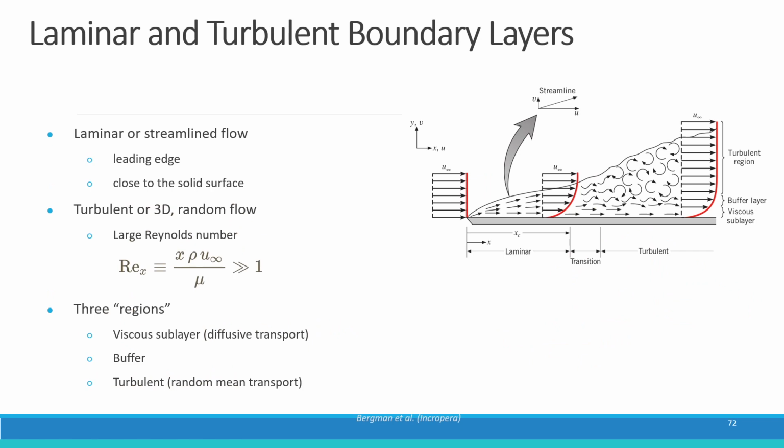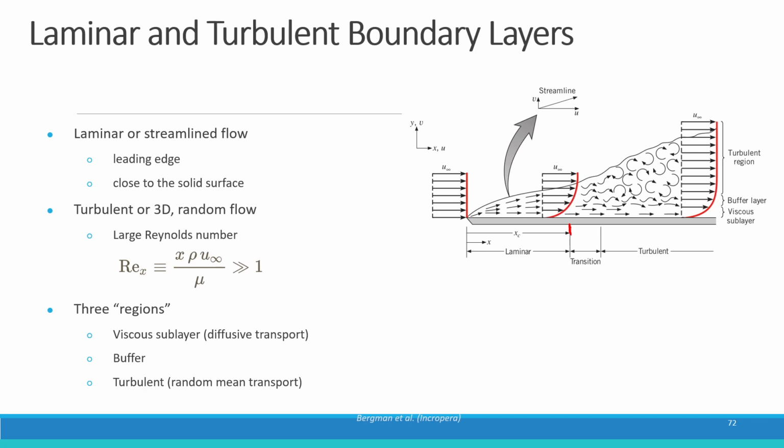Then we studied the laminar and turbulent boundary layer. Near the leading edge of any solid, we can observe a laminar flow until a certain point. Here we can see that the laminar flow is observed till a length of x_c. Beyond x_c we have a transition regime, whereby the flow will move from laminar to turbulent, and then ultimately the flow will become turbulent.